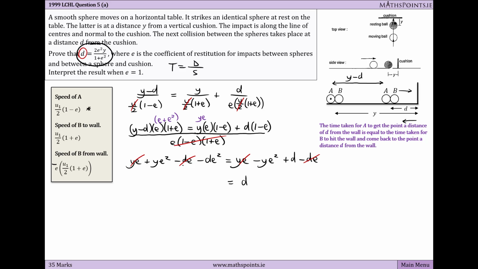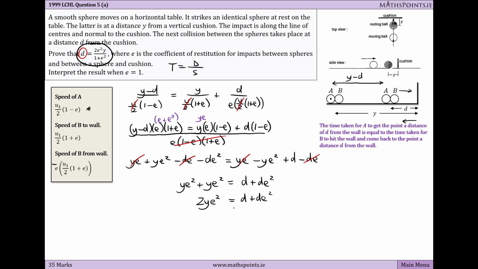And then I am going to add a de squared to both sides to get rid of it from the left. So we have plus de squared. And I'm going to collect the ye squared on the left, and then add a ye squared to both sides to get rid of the minus ye squared on the right. Ye squared and ye squared is 2ye squared, and that's equal to d plus de squared.